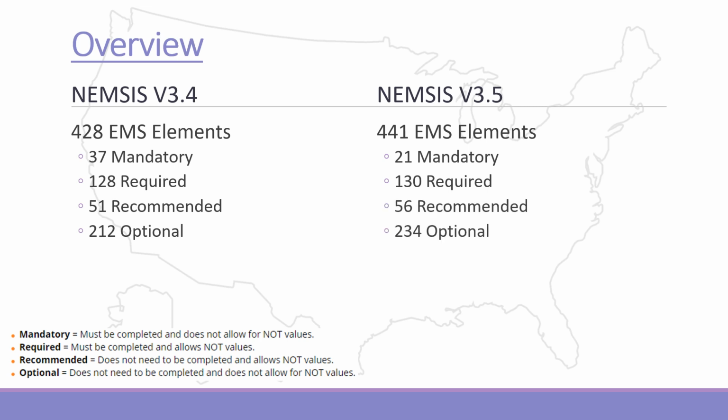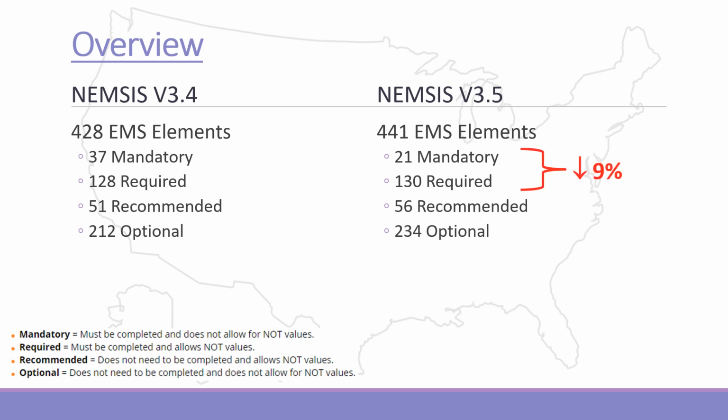NEMSIS in 3.4 had about 428 EMS elements, and 65 of those required an entry of some kind, either mandatory or required. And you see in 3.5, the number of optional elements actually increased, taking away from some of the mandatory and required. So you see 151 now.